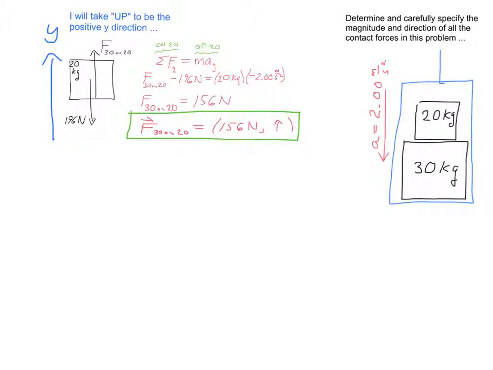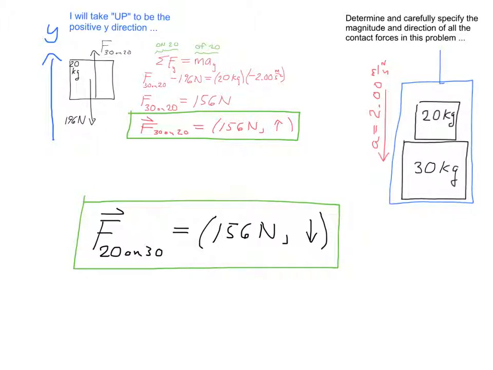If I know the force that the 30 kilogram block is exerting on the 20 kilogram block, by Newton's third law, I should also know the force that the 20 kilogram block exerts on the 30 kilogram block. Those forces have to be equal in magnitude and opposite in direction. So I can immediately write this. The force that the 20 kilogram block exerts on the 30 kilogram block must have the same magnitude, 156 newtons, but must be in the opposite direction, that is, downward.